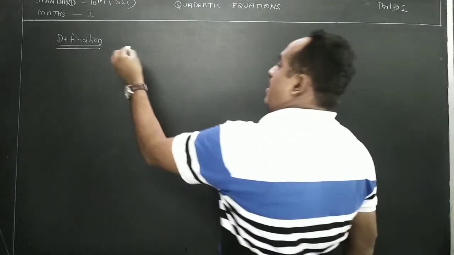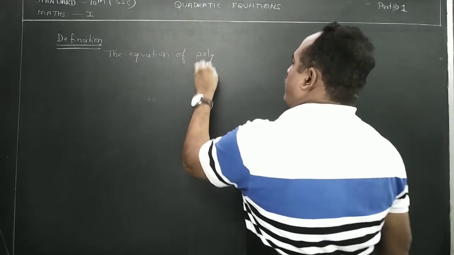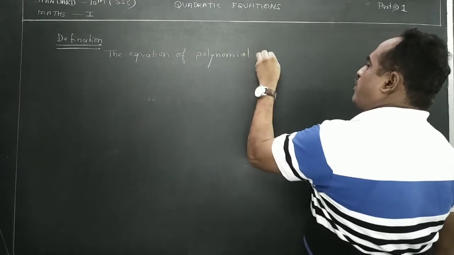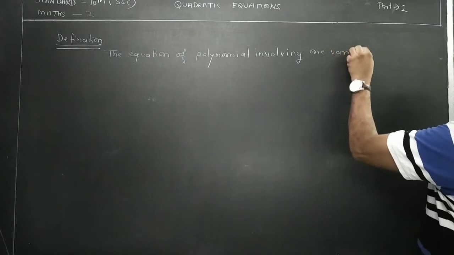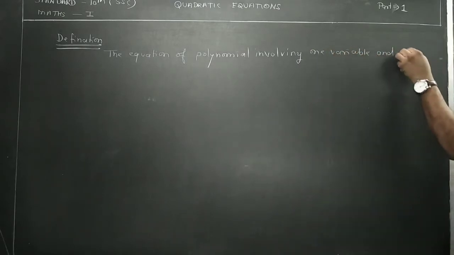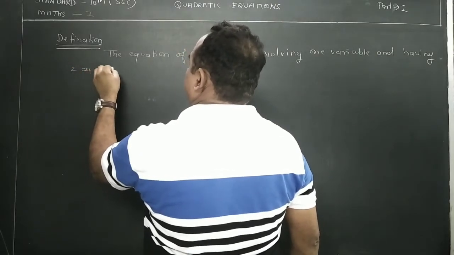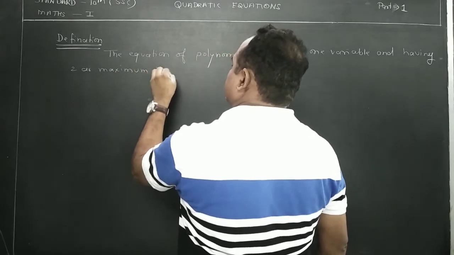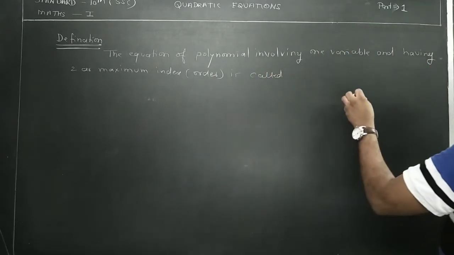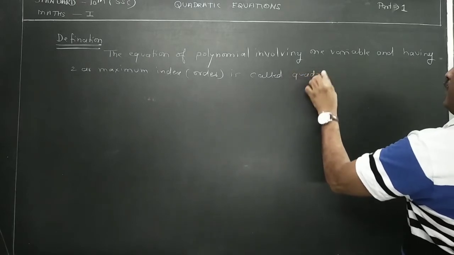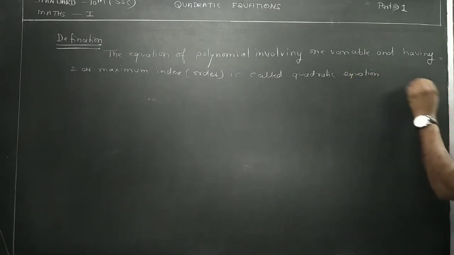The equation of a polynomial involving one variable and having 2 as the maximum index, index meaning order, is called a quadratic equation.